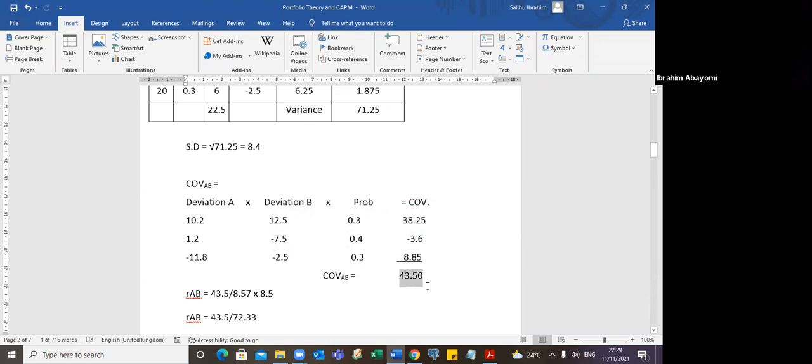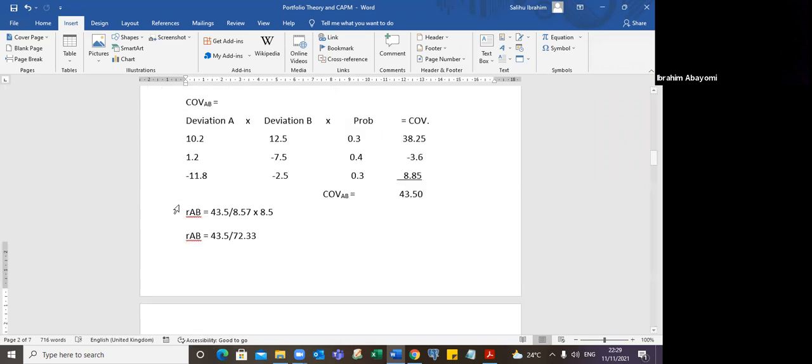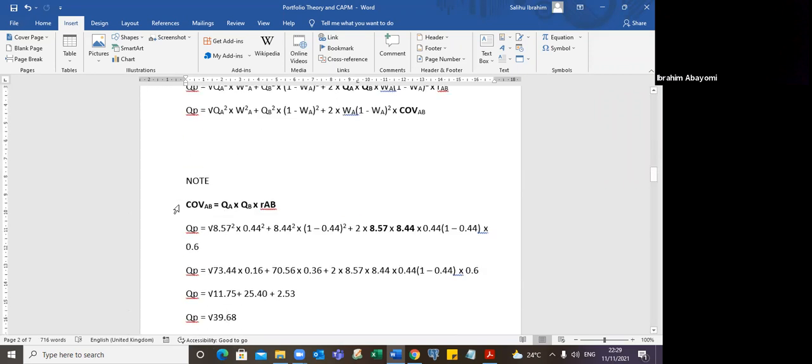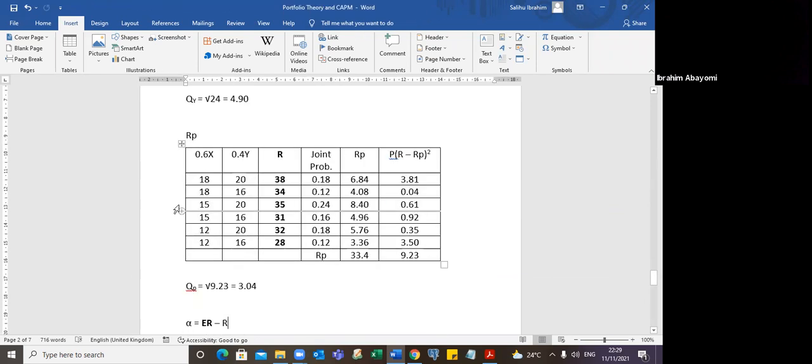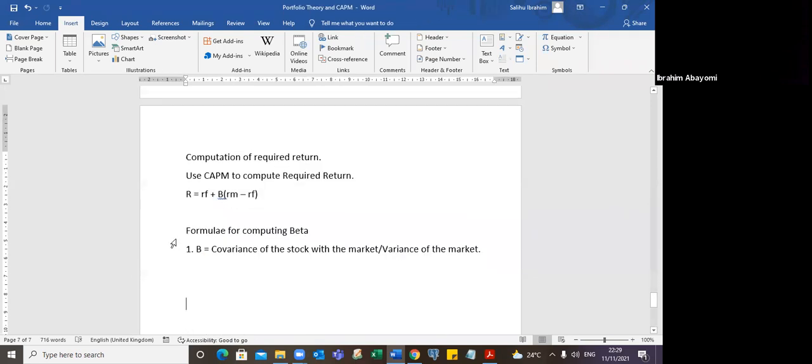I will now add everything together and I will have covariance with the market. The difference between this and that is just that instead of investment A, you have market return, the return on the market. So where you are computing your beta using this approach, you are computing the covariance.